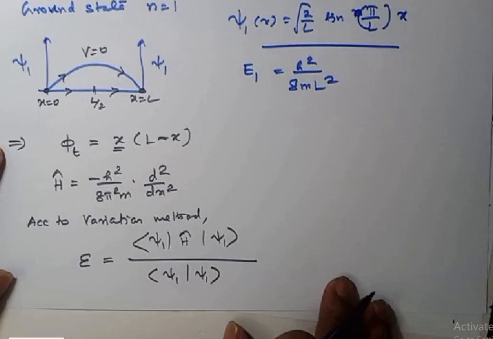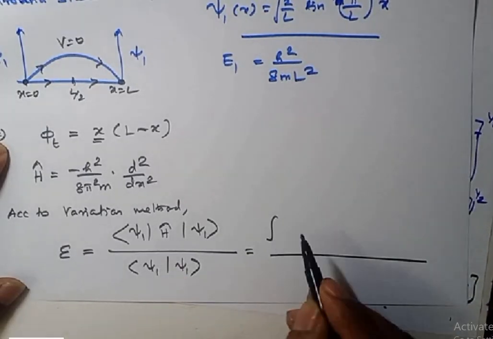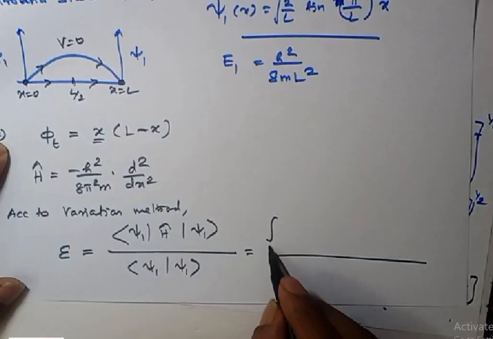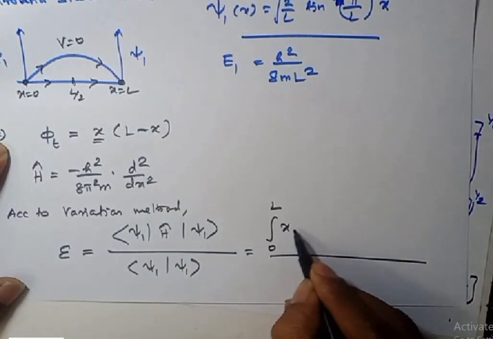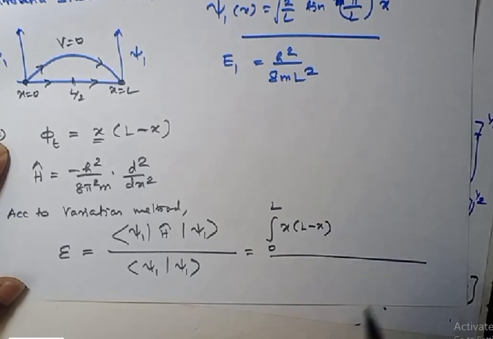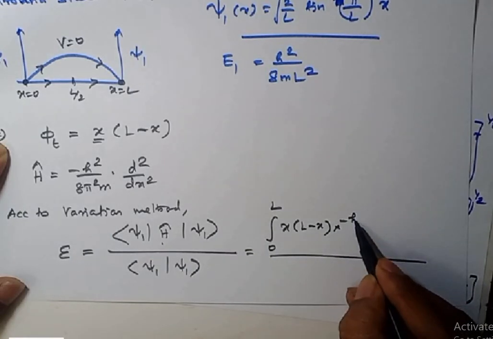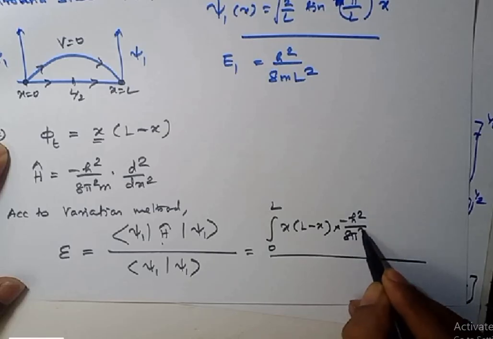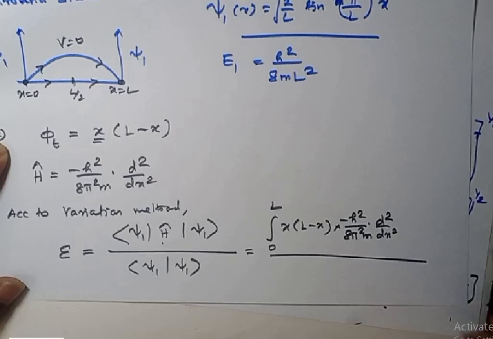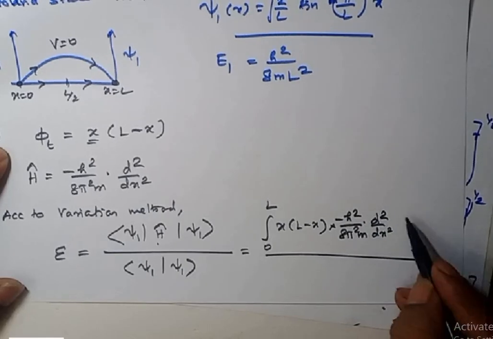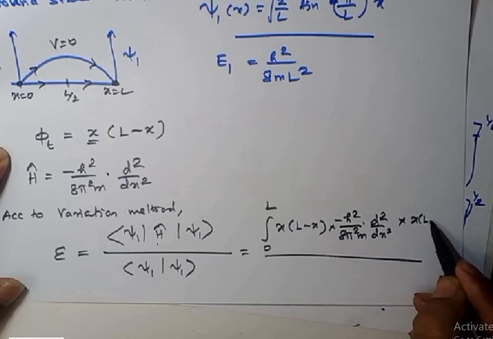This is nothing but an integral, I have told you already. The limit is 0 to L. What is psi 1? Psi 1 is x into L minus x. The Hamiltonian operator is minus h square by 8 pi square m into d square by dx square, then into psi 1 again, which is x into L minus x.